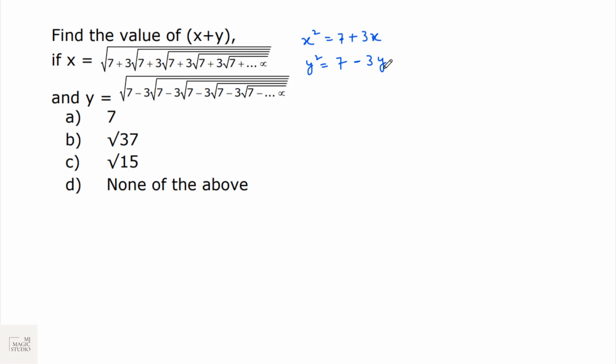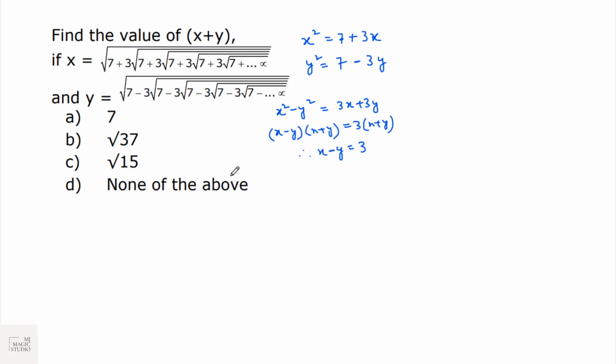That's it. Now it is pure algebra and nothing else. If I subtract these two, I'll get x square minus y square equals 3x plus 3y. That means x minus y into x plus y equals 3 into x plus y. Therefore, the first value which we get is x minus y is equal to 3.